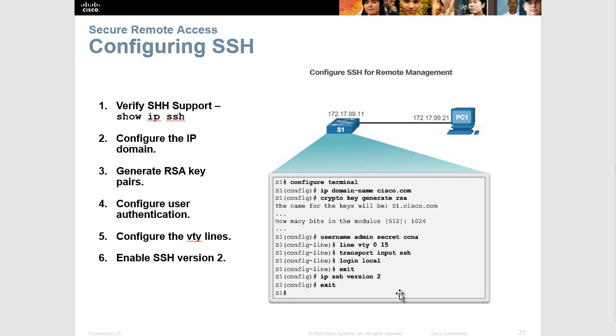If you want to use SSH version 2 from global config, you type in IP SSH version 2. And those are all the commands you'll need to configure SSH on a switch. This is something that may come up in the test. There are a few Packet Tracer questions on this chapter's test, so they want to know this process pretty well. Okay.